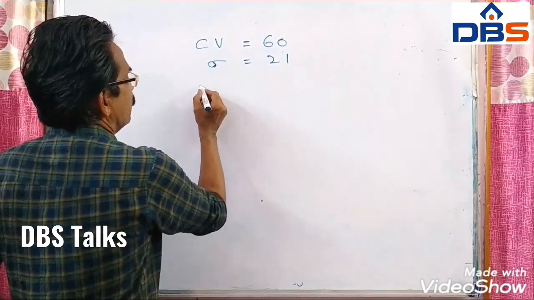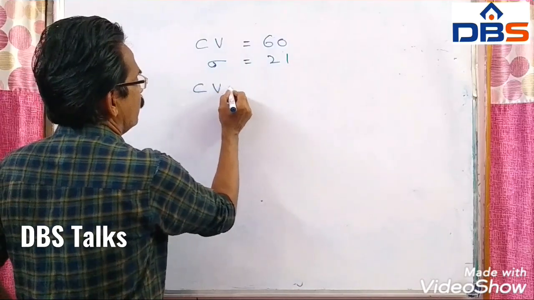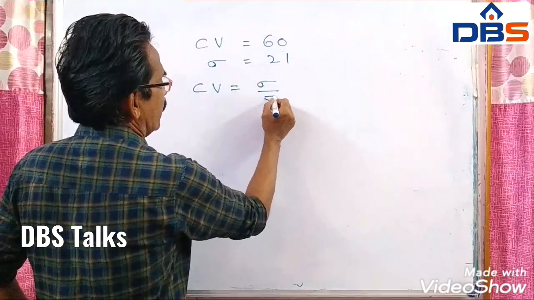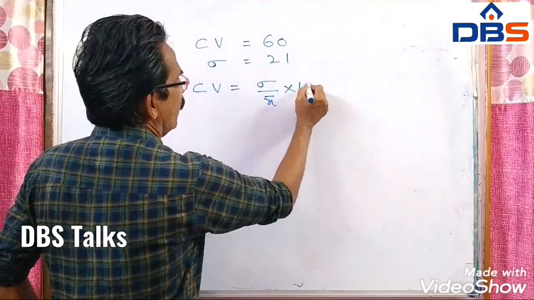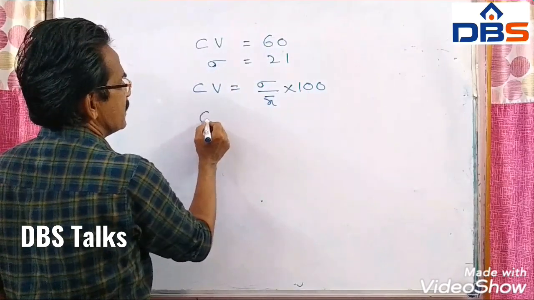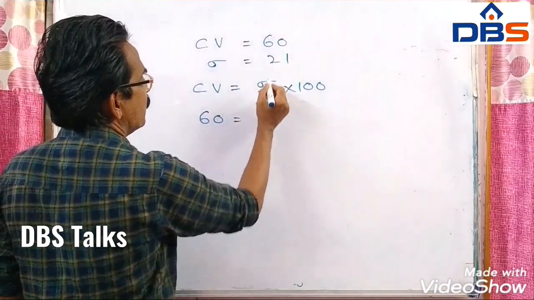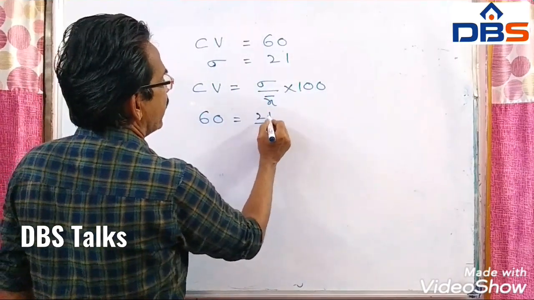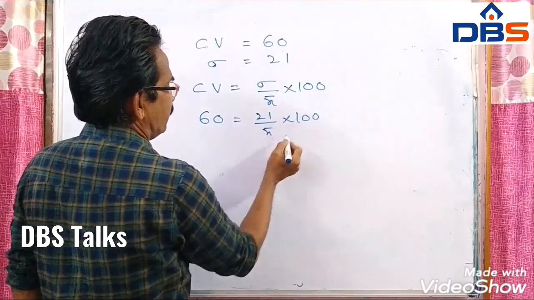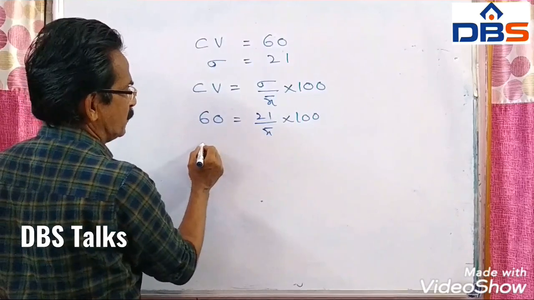See friends, coefficient of variation formula we know. Sigma by x bar, that is mean, into 100. CV is 60, so 60 is equal to sigma 21 by x bar into 100. Let us find x bar. Let us take x bar to this side.